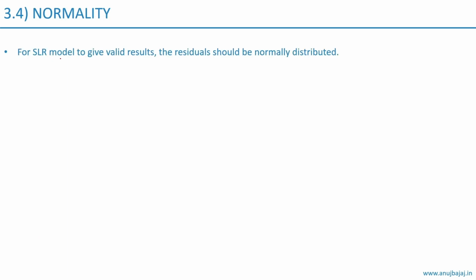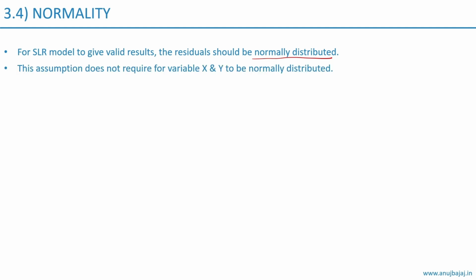For the linear regression model to give correct results, the residuals should be normally distributed. Now, having said that, it is not necessary for the population data of the two variables to be normally distributed. Even if the two variables have population data which is not normally distributed, this does not violate the normality assumption.